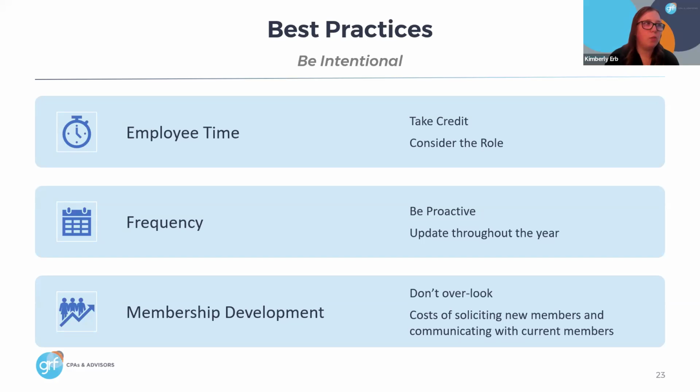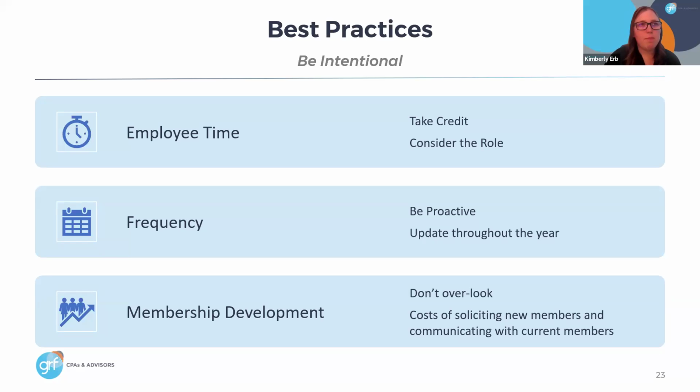That could be changes to allocation methodologies, maybe a new program that the organization is pursuing, or maybe new natural categories have come up. You want to be aware of these items throughout the year so that you can consider how the allocation is going to change and how the presentation will look different. Some other examples of changes to look out for are any new debt, any new office spaces, or any change in staffing levels or positions.